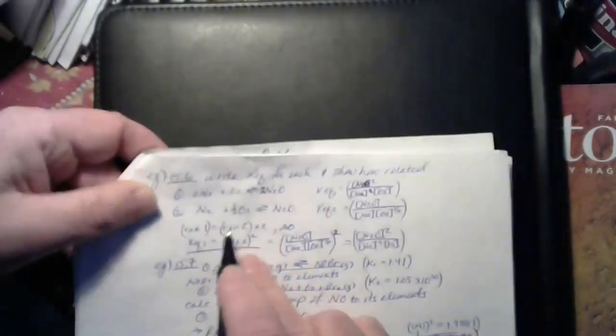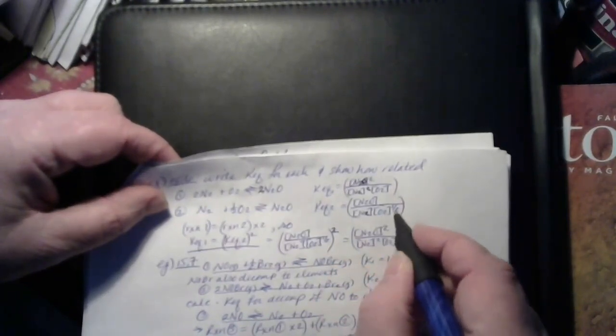In reaction 2, you may notice that we've cut all of the coefficients in half. So now it's N2 plus 1/2 O2 yields N2O. So now KEQ will be N2O to the first power over N2 to the first power times O2 to the 1/2. And so reaction 1 is just reaction 2 doubled.